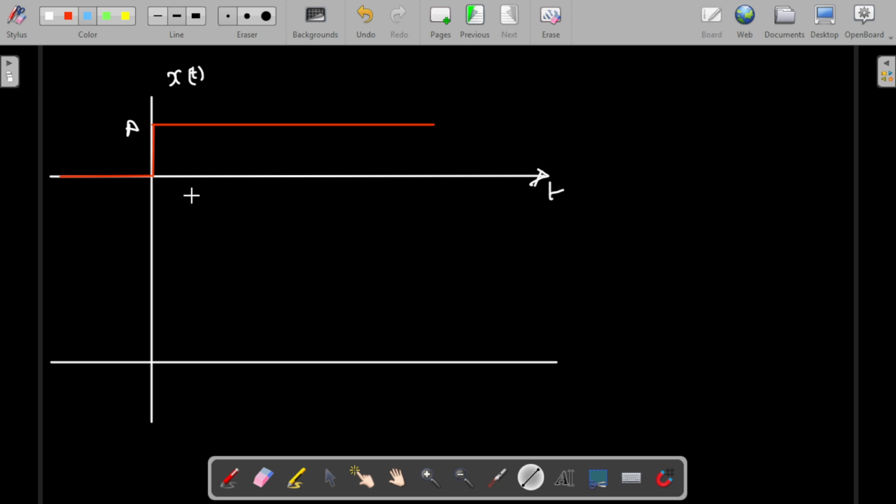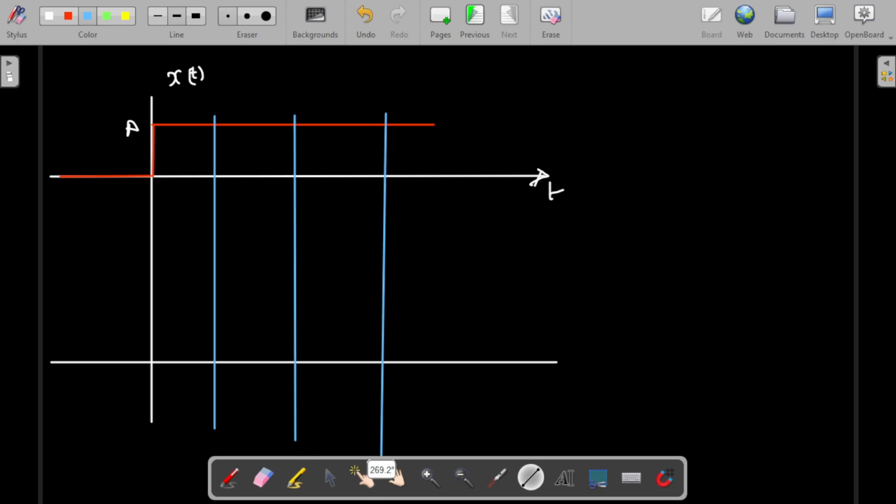When we sample the signal at particular intervals of time, let me take a blue pen and draw lines. These are the particular intervals where we are going to sample the signal. So this is Ts, this is 2Ts, this is 3Ts. Like this way we are going to sample the signal. So what will be the output? Only those sampled values will be present in the output. If it is sampled at t equal to 0, the value will be there.